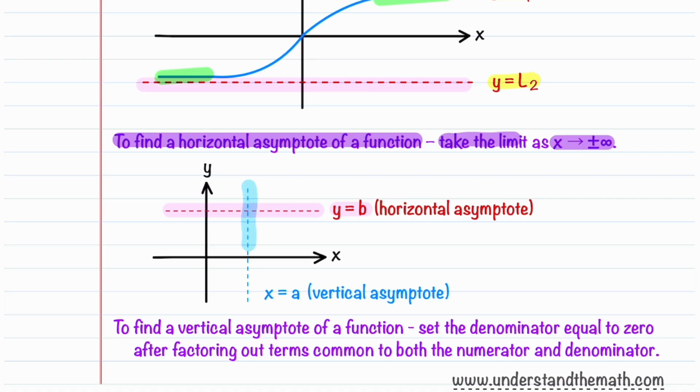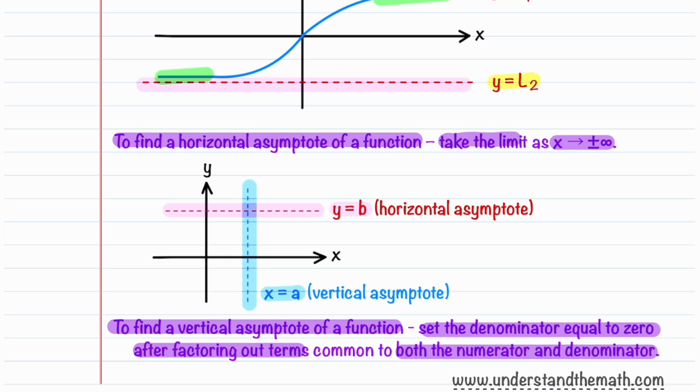A vertical asymptote is defined as x is equal to some number a, and to find a vertical asymptote of a function, what you have to do is set the denominator equal to 0 after factoring out terms that are common to both the numerator and the denominator. I'll show you exactly how this works.